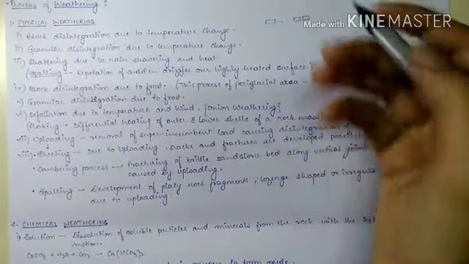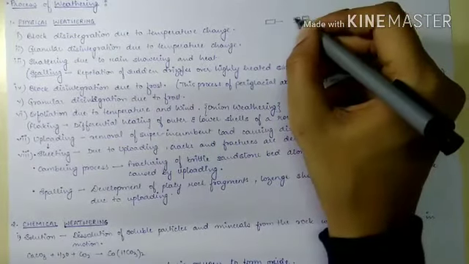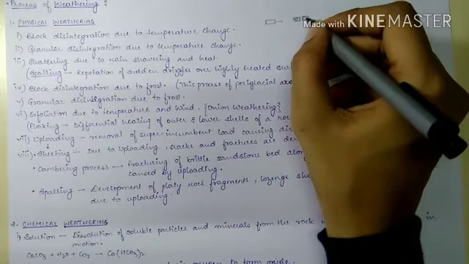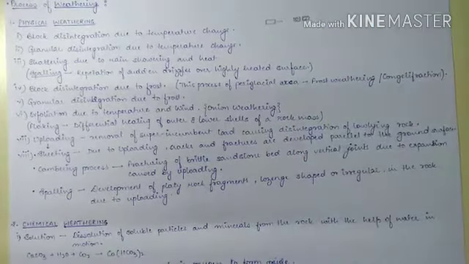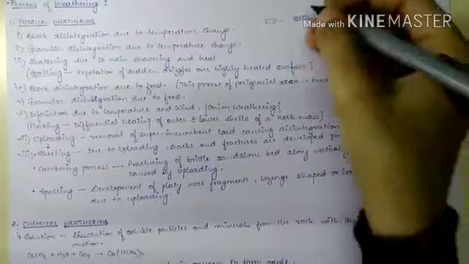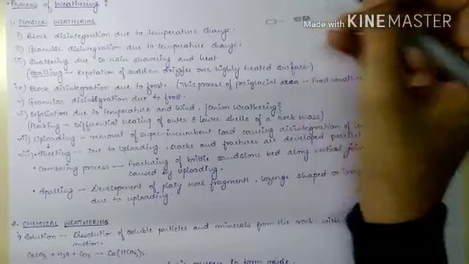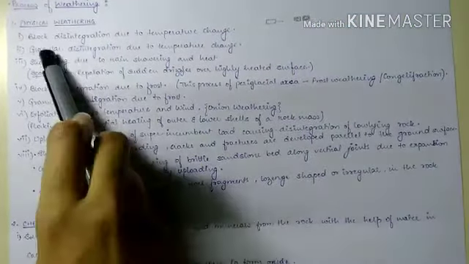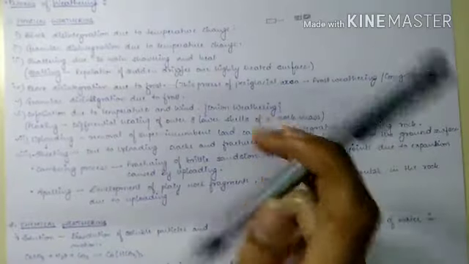And when this process continuously takes place, because of this continuous expansion and contraction, small granules, small particles are formed, which is known as granular disintegration due to temperature change.